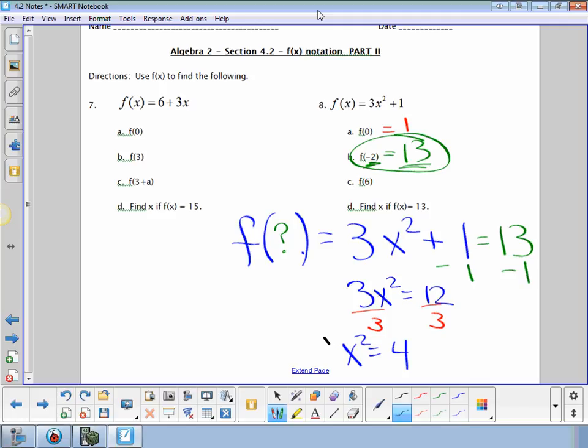And when you square root to solve an x squared equation, you have to give me both the positive and negative square root of 4. You should have 2 answers for 8D, positive 2 and negative 2. If you don't, you missed half the problem. There are two answers.